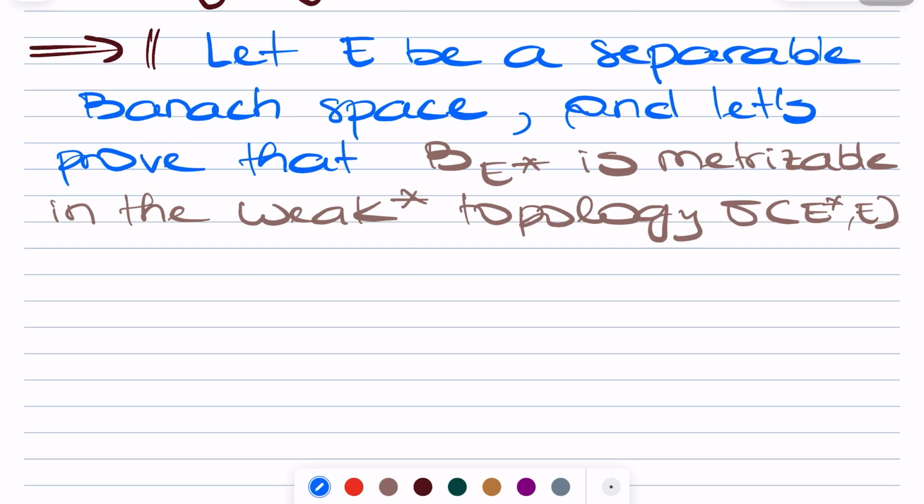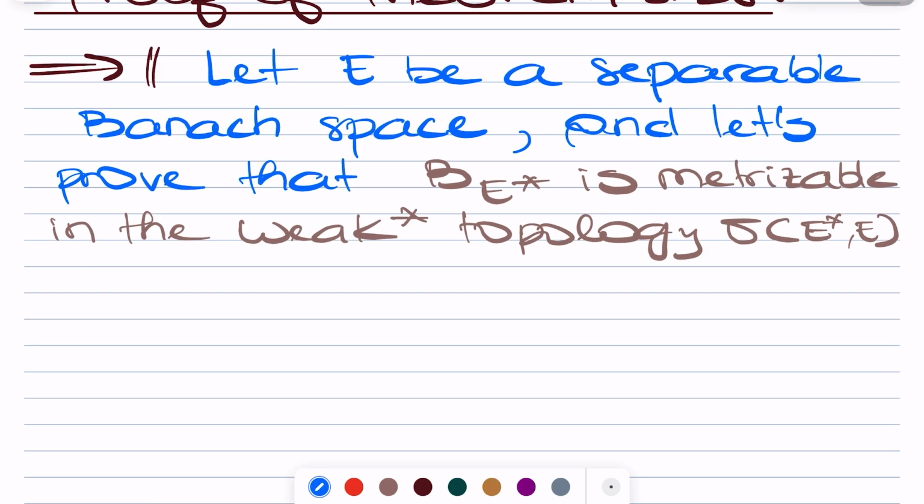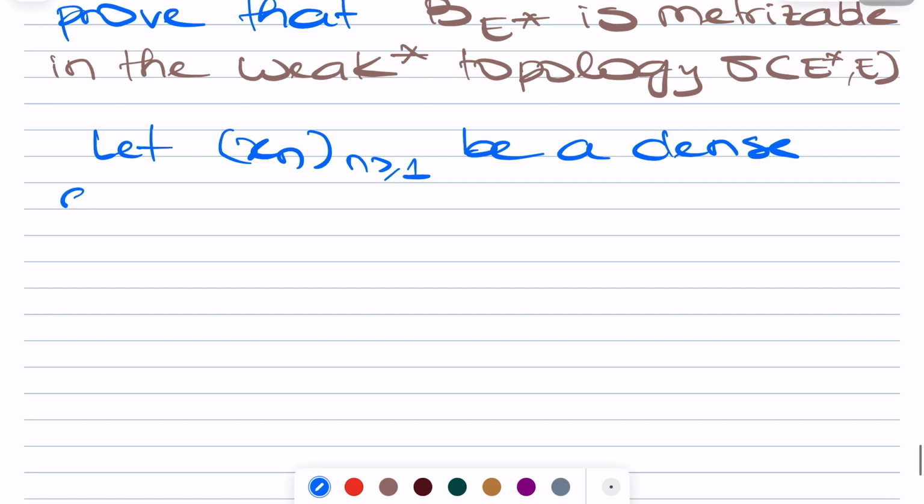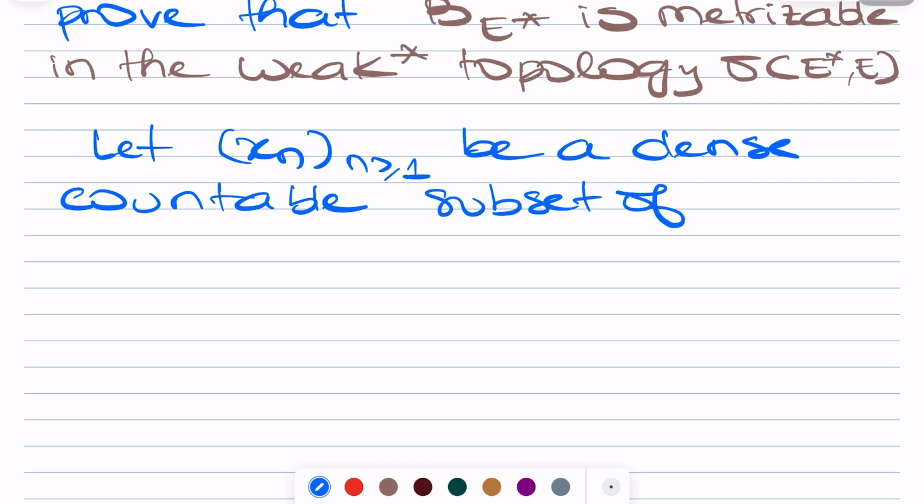We definitely have to construct a metric, a distance, on the closed unit ball in E star. So let x_n, n greater than or equal to 1, be a dense countable subset of the closed unit ball in E. E is separable, so such a sequence always exists.